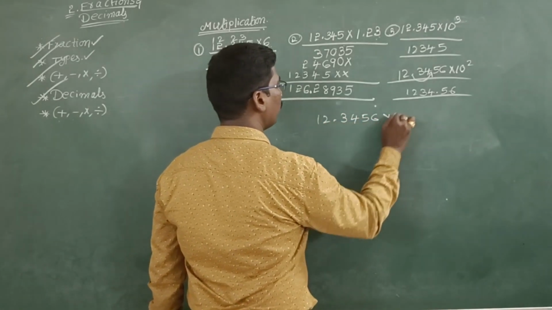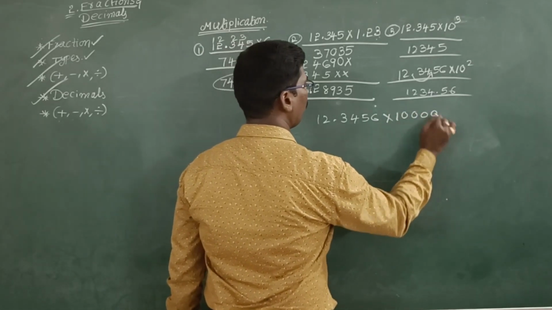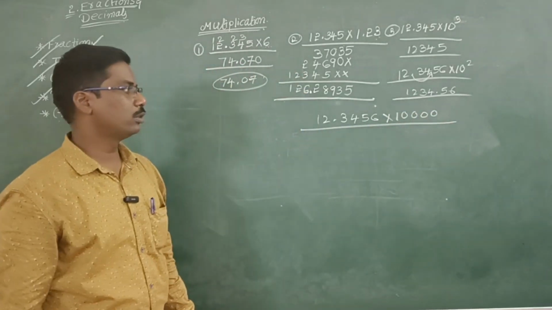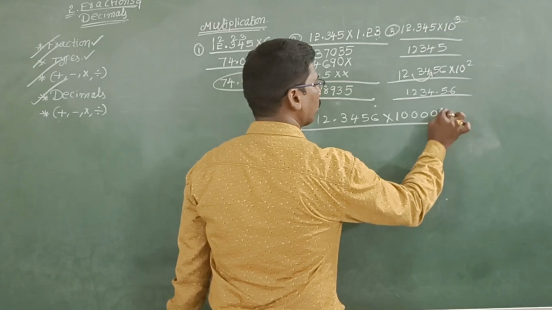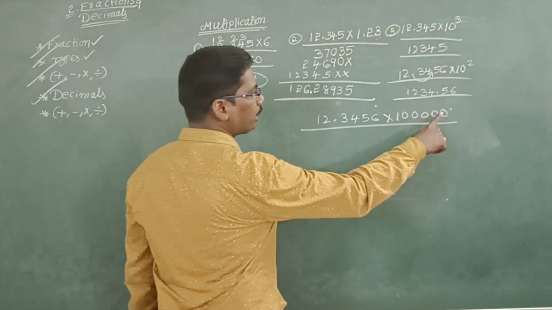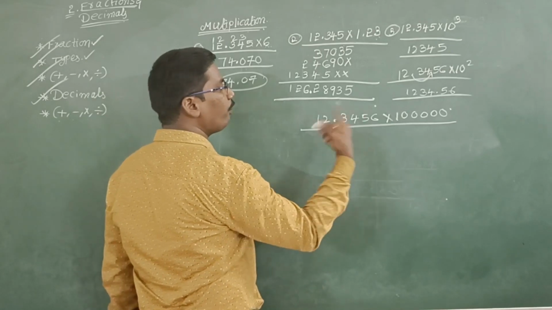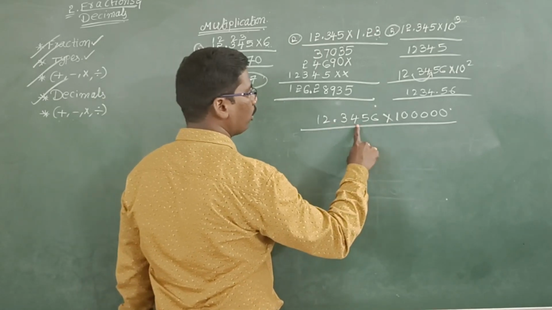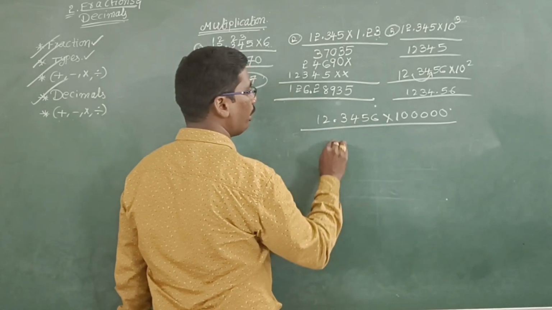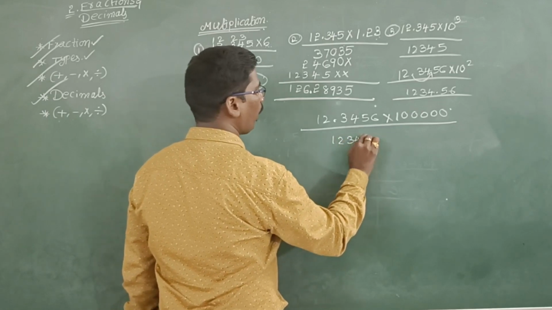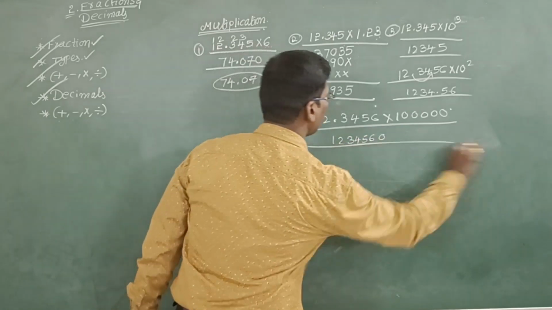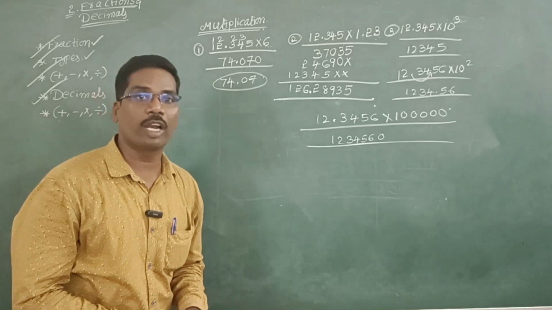For 12.3456 multiplied by something with 4 zeros or 5 zeros, for example 5 zeros, without multiplying, I can move the point 5 places from left to right. 1, 2, 3, 4, and where there is no digit, I keep 0. So 1, 2, 3, 4, 5, 6, 0. This is my answer without multiplying.